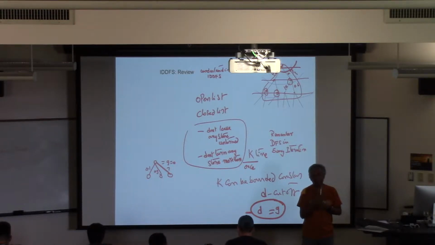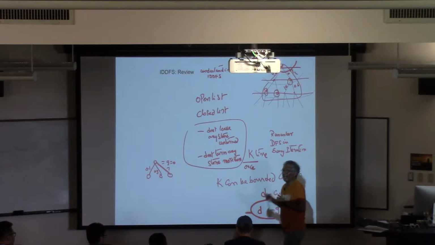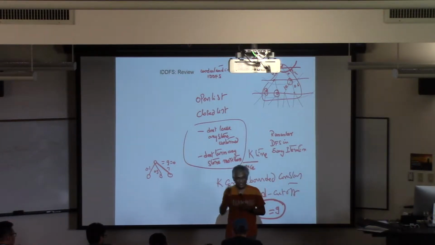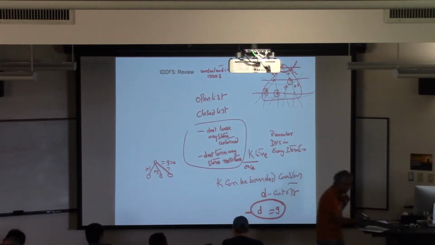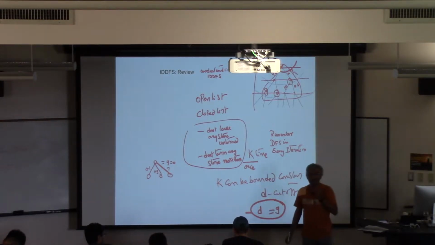Why should we shiver when we think about this? Because every time you expand the limit, one node will come in. So the number of iterations for iterative deepening depth first search was how many? If the goal node is at depth D, how many iterations did you have to do in the worst case?